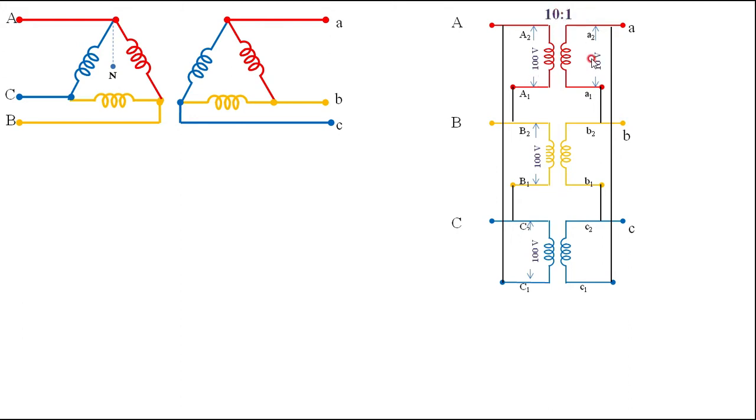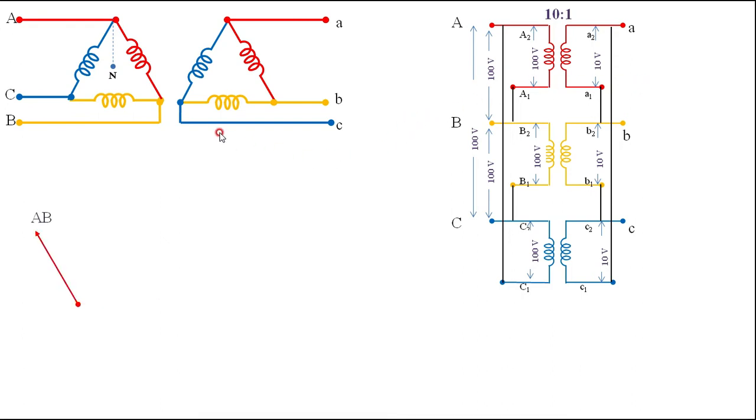At the same time, if you look at the line voltage, in a delta connection both phase voltage and line voltage are the same. Therefore, across AB, BC and CA is also 100 volts. Here also, across AB, BC and CA is 10 volts. That is, the turns ratio as well as the line voltage ratio remains the same.